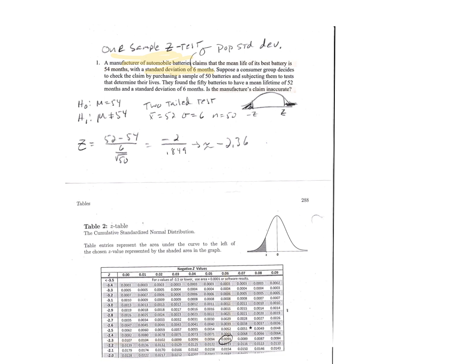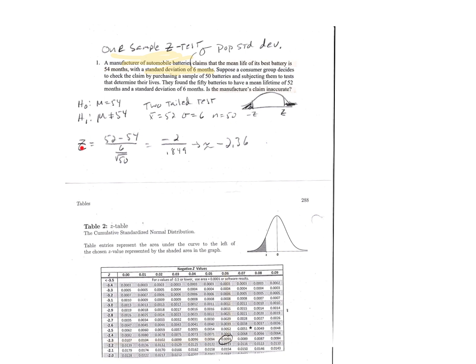I thought I'd show you how to do this as a two-tailed test. So we don't know if the true average is greater than 54 months or less than 54 months, just that it's different. That's what's going to make it a two-tailed test. And then to get the p-value, it's two tail areas that you're going to worry about. I'm going to show you how to find those.